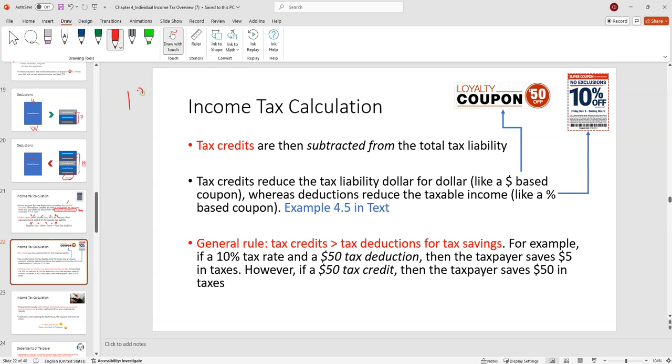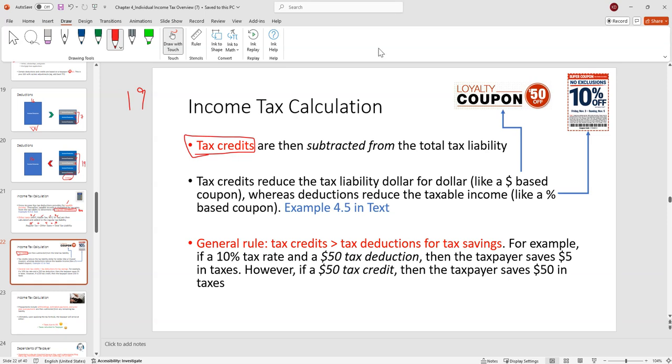We now know that we owe 19, right? That's our all-in number, what we owe. The first thing we're going to subtract from that are tax credits, right? These reduce our tax liability dollar for dollar, right?